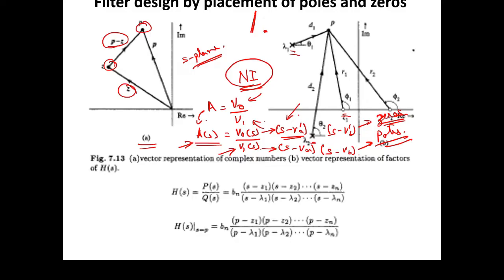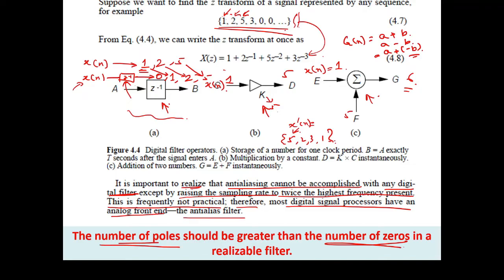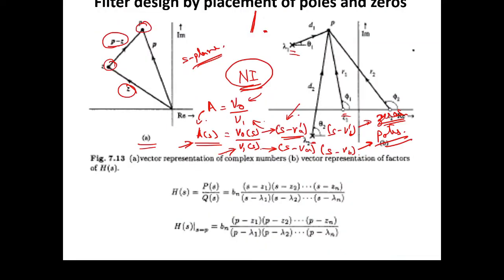If you look into the previous case, when we say that the number of poles should be greater than or equal to the number of zeros for designing a realizable filter, that means the highest power of the V1s equation should be higher, or at least the same as that of the V0s.